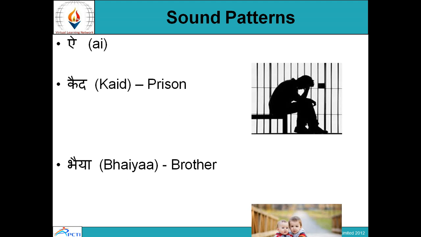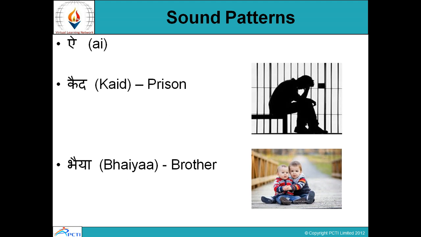Few more words. Kaid. Kaid is what? Prison, where we keep prisoners and criminals. Those who do wrong things, we put them behind the bars, so that is called kaid.